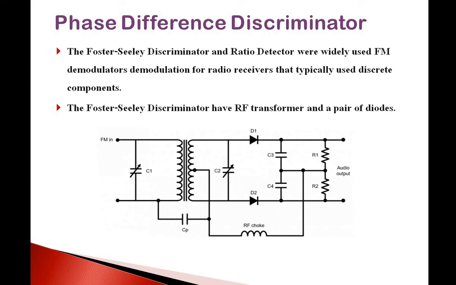The Foster-Seeley discriminator has a radio frequency or RF transformer, and you have two diodes. There we had only one diode. For the balanced slope detector we used two slope detectors, but here you have two diodes and an RF transformer.